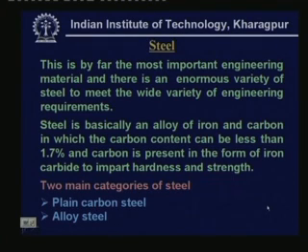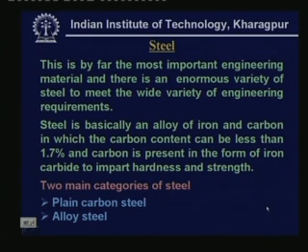What is steel? It is basically an alloy of iron and carbon, in which the carbon content can be less than 1.7%, and carbon is present in the form of iron carbide to impart hardness and strength.